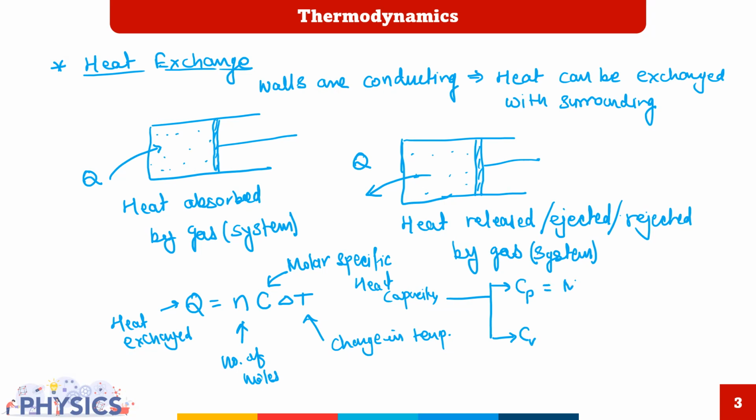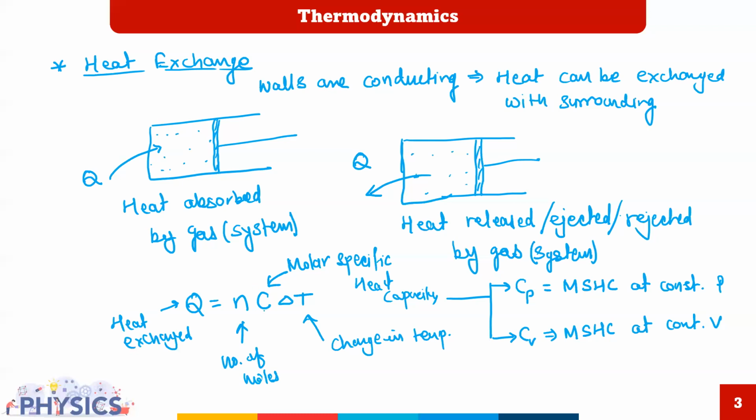Cp is the molar specific heat capacity at constant pressure. The second one is Cv, which is the molar specific heat capacity at constant volume. You can also define molar specific heat capacity at constant temperature, or in an adiabatic process, for different processes, which we are going to see.